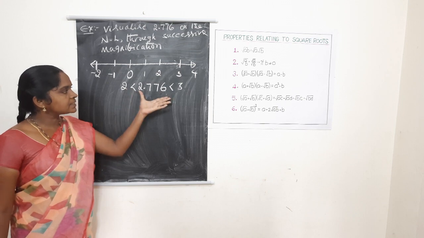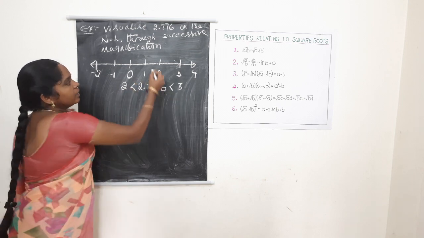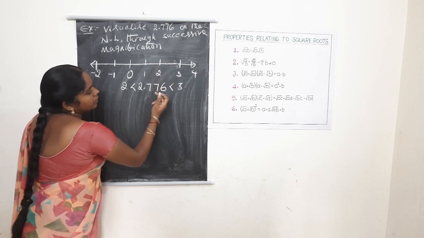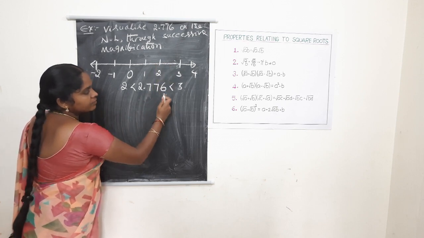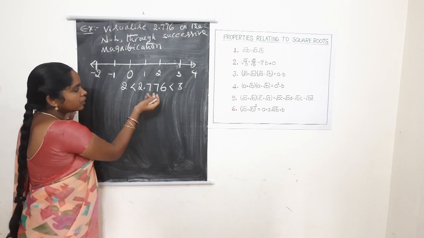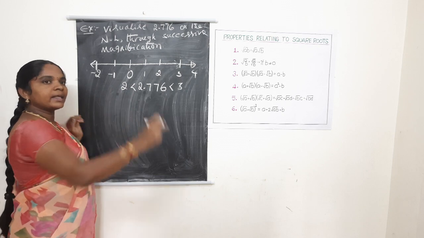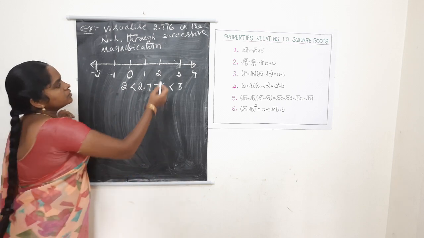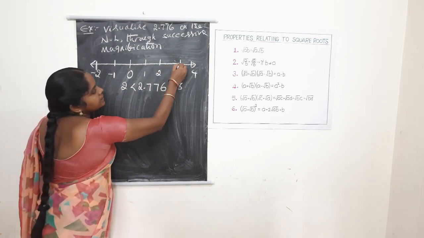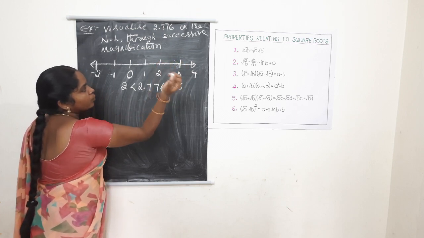After 2 point there is something, so it lies between 2 and 3. So 2.776 is smaller than 3 and 2.776 is greater than 2. So this is the smaller portion.